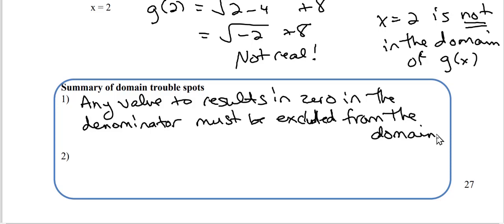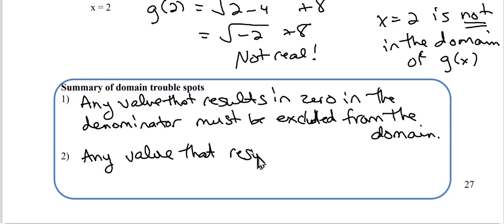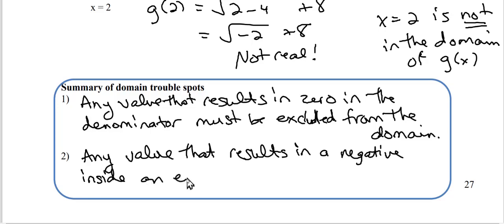And our second problem was a root that had a negative inside of it, right? So any value that results in a negative inside an even root must be excluded.